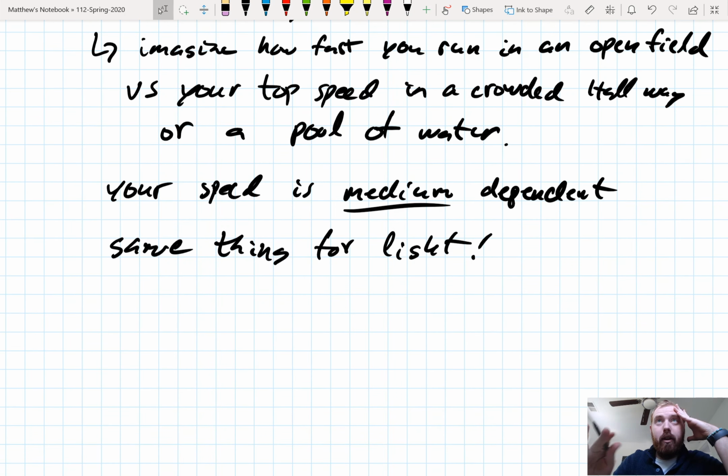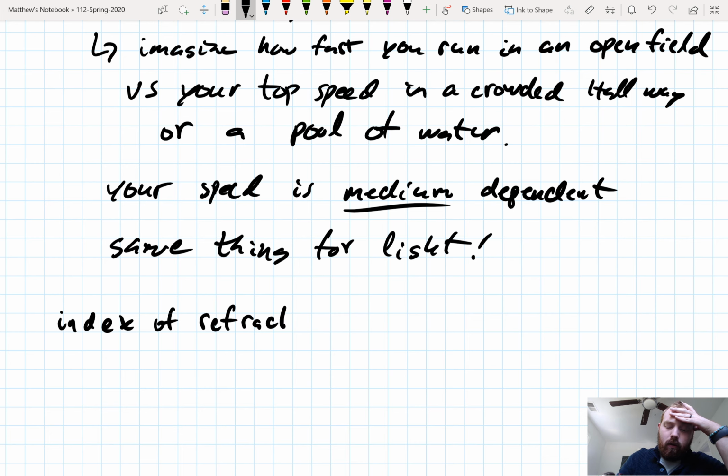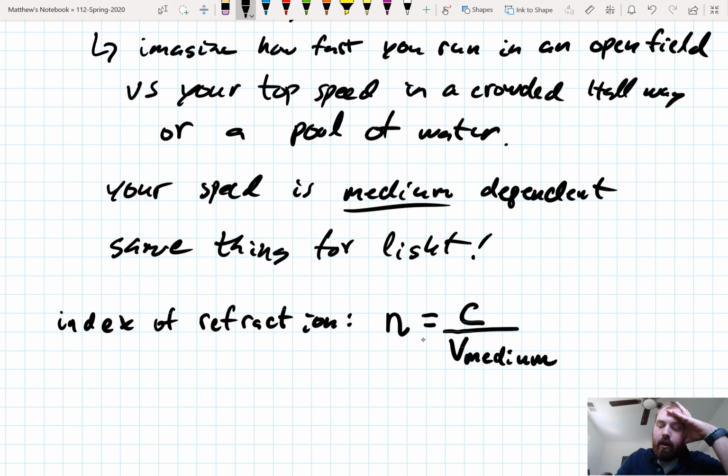So, definition now. We're going to define our index of refraction. This is an optical property. It is a lowercase n, and it's defined as the speed of light over the speed of light in the medium.